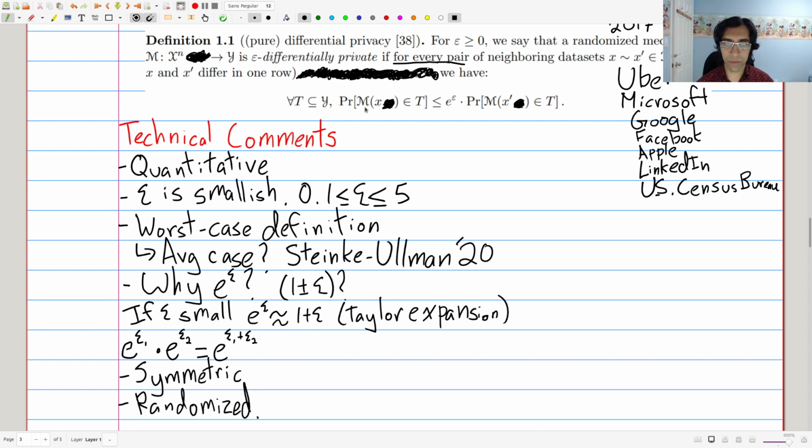The only randomness will be in the algorithm M. It's going to take its input, which is deterministic, and then do something randomized with it, and that'll be where the probability is. It'll just be over the random choices made by the algorithm M. And like I said, it must necessarily be randomized, which I've kind of given a hint now for why that is.